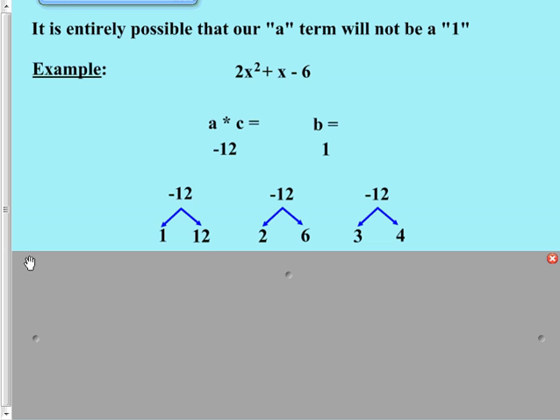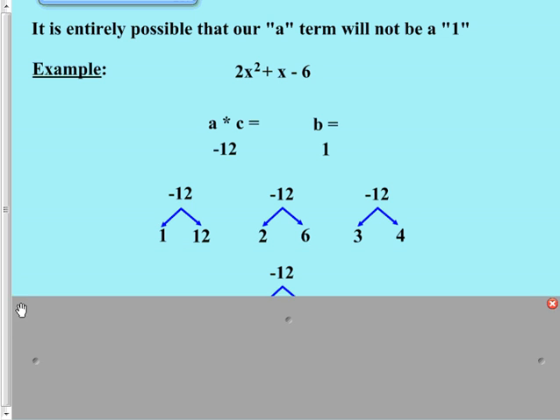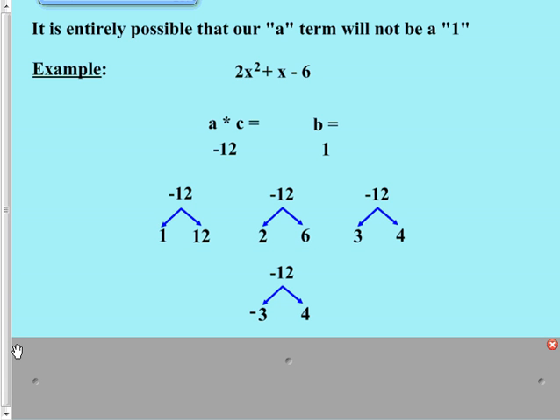And just like we did last time, we're going to examine these values to try to find a way that we can either add or subtract 2 of these terms so that they will equal a positive 1. Obviously, over there on the right-hand side, if we were to have a negative 3 and a positive 4, when those are combined, that would be a positive 1. So those are going to be the factors that we're going to use.